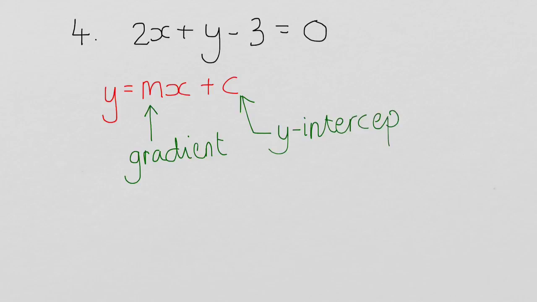So all you want to do is rearrange this initial equation into this form. So you should end up with y equals something times x plus something. The m being your gradient, the c being your y-intercept.